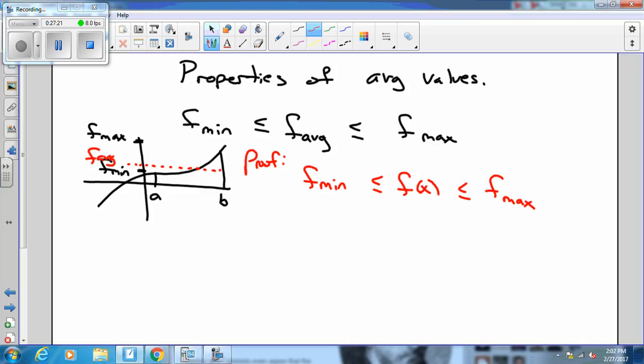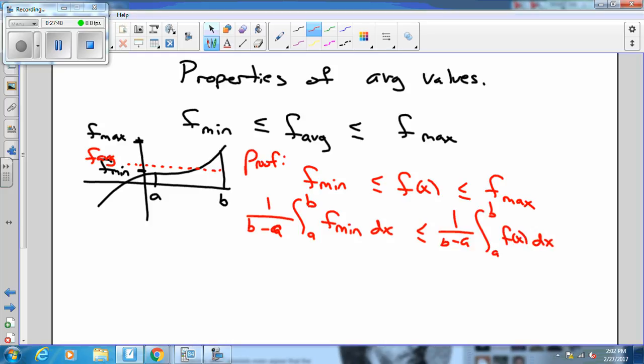And if I now integrate this over a to b, actually if I just take the average value right here, then I have to preserve the inequality for the simple reason, remember that we had the domination property of our integral that said if f is bigger than g, then the integral of f is bigger than the integral of g, etc.